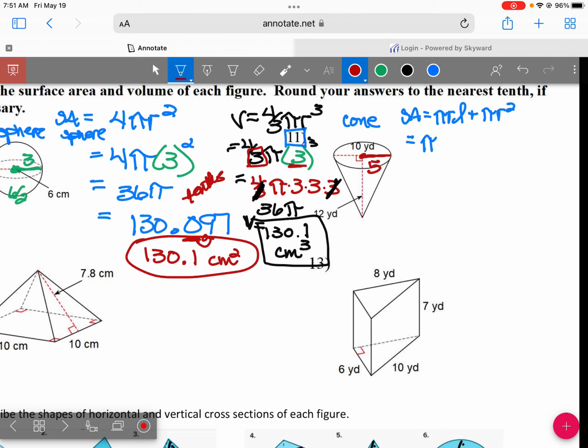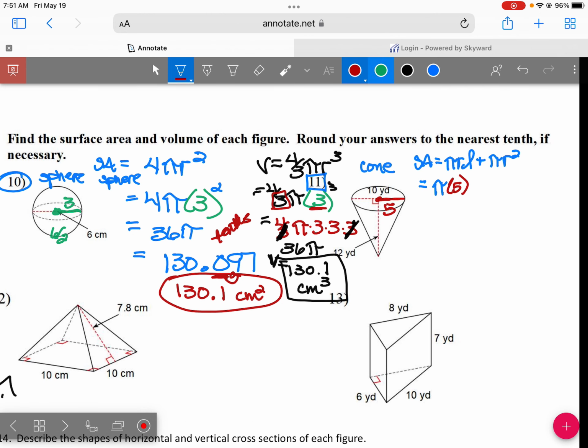So 10 divided by 2 is 5 times L. What does that cursive L stand for? Slant height. Do we have the slant height here? No. So we're looking for this height in green. So how am I going to find that?